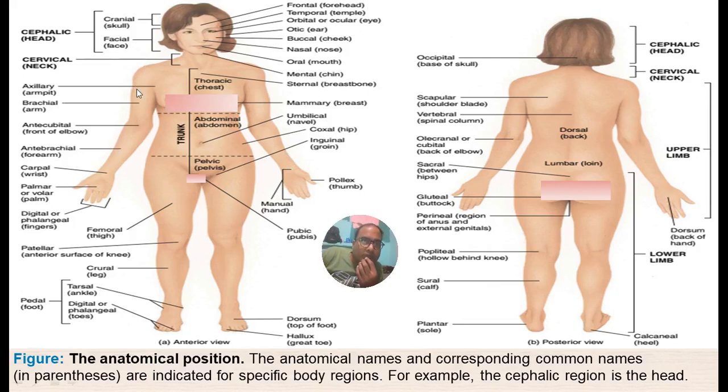has further locations like the armpit, which is the joint between the trunk and the upper limb. The brachial, arm; antecubital; and the antebrachial, forearm; carpals; palmar, palm; phalanges, digits. These are the sub-regions, sub-parts of the arm.